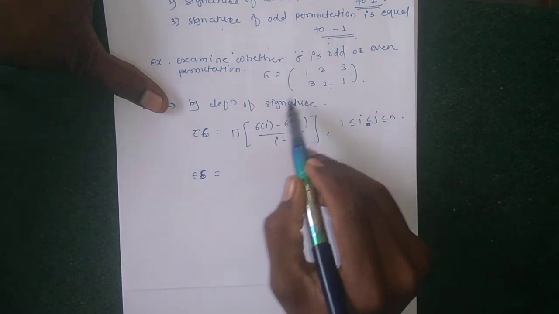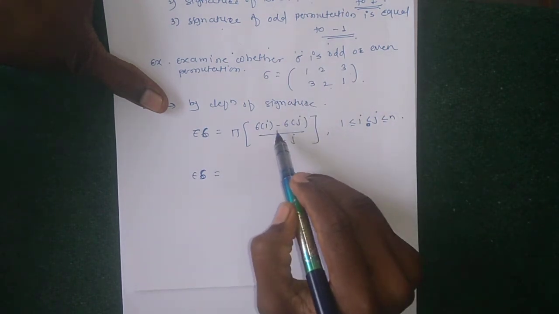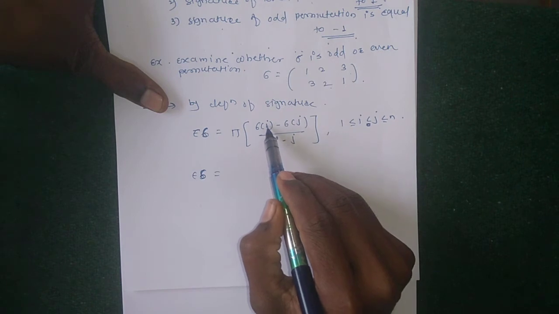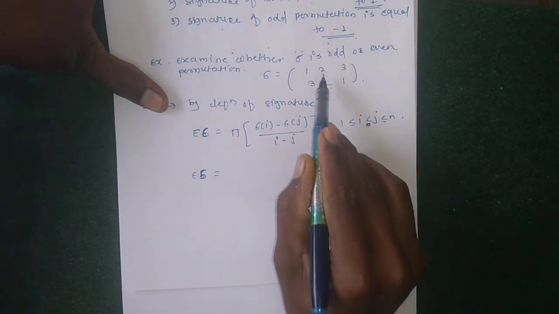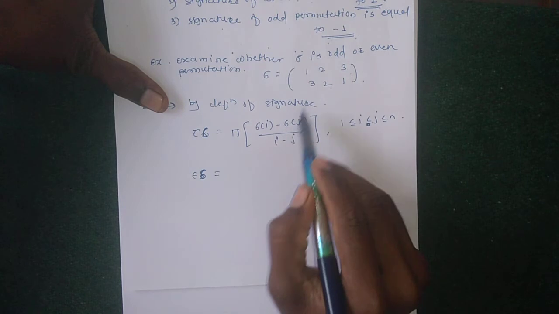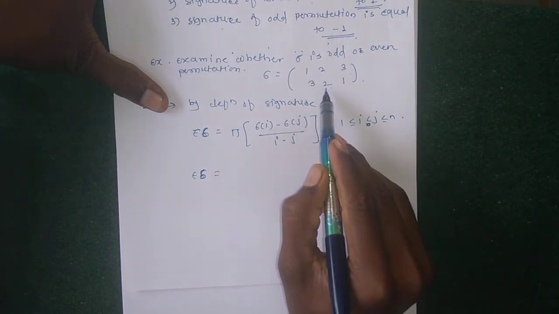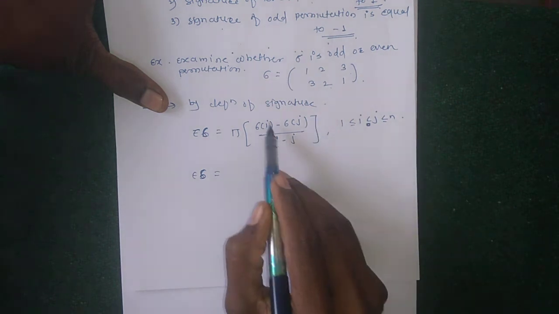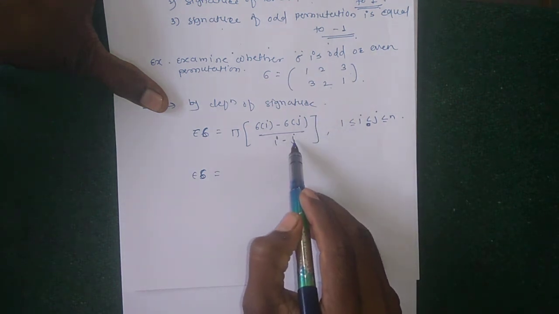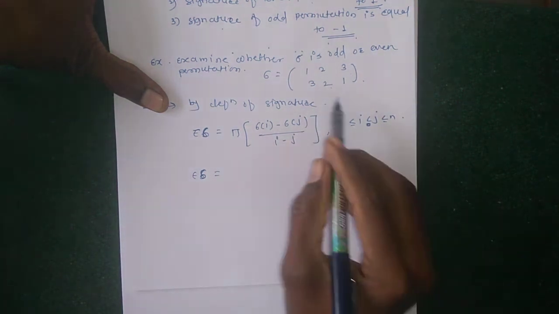Suppose i equals 1 and j equals 2. Then sigma 1 minus sigma 2: sigma 1 has value 3, sigma 2 has value 2, divided by i minus j, which means 1 minus 2. And then their product.